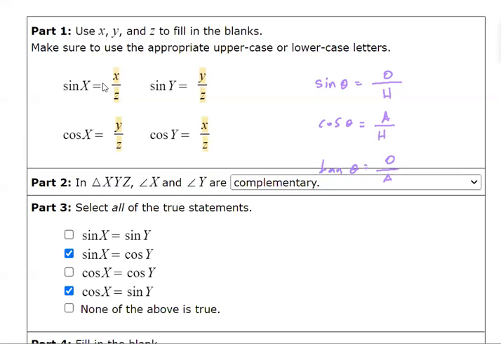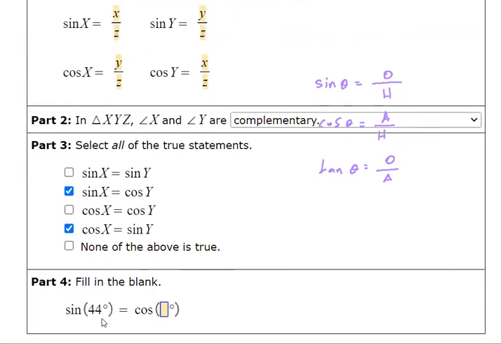When you write the ratios in the first place, we got these four ratios, and you see that the sine of the X degree is equal to the cosine of the Y degree when X and Y are complementary. This is not the case for only these two angles; it is general.